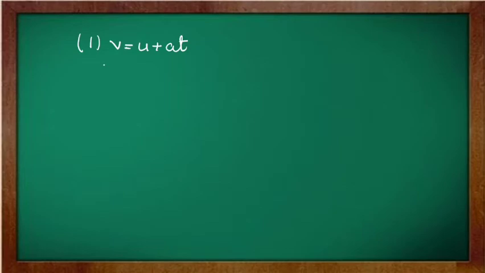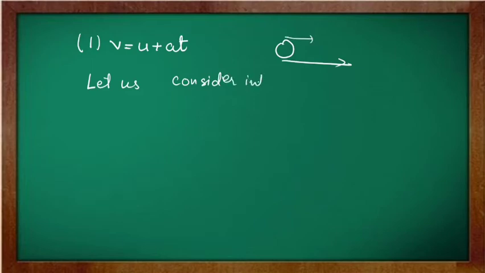So now for this, let us consider that a body, suppose a body, is moving from one place to another, and when it started to move, the initial velocity is equal to u, and it is subjected to a uniform acceleration.